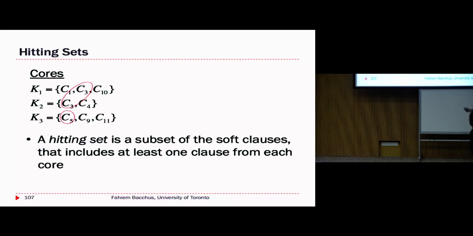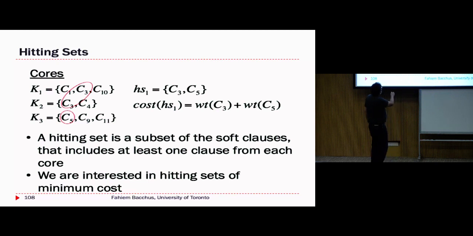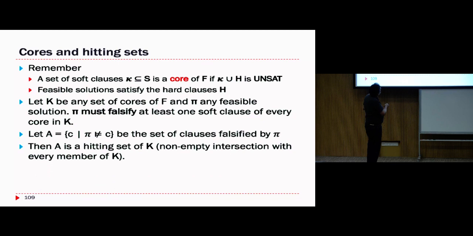Okay? Now, it turns out that if I take this as my hitting set, C2 and C5, I cover all the cores, I hit every core, and I have a certain cost. The cost of falsifying C2, the cost of falsifying C5. What we're interested in is minimal cost hitting sets for these cores.